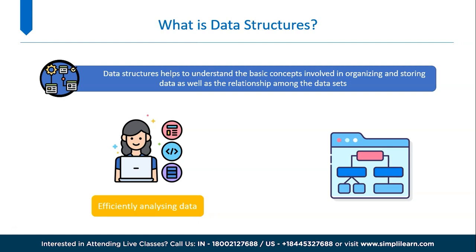It is also the structural representation of the logical relationship between data elements. Generally, this is like an ingredient you need in order to have an efficient algorithm. So these are the ways to arrange data so that they can be used efficiently in the main memory.